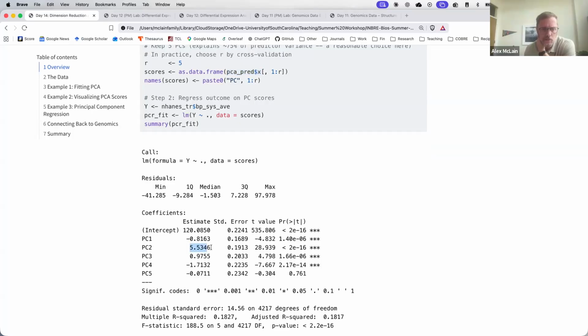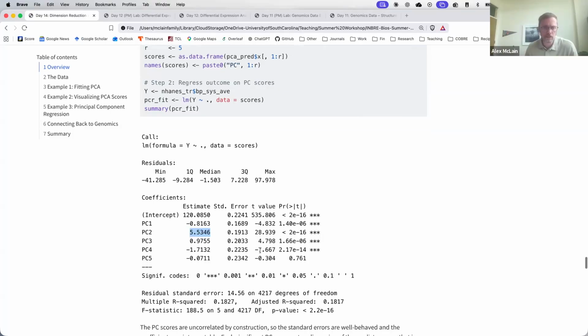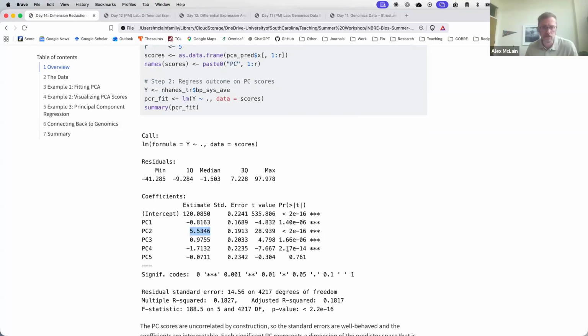The second one, which was the metabolic risk type 1, has a highly significant coefficient with systolic blood pressure, and a large coefficient estimate. And then PCs 3 and 4 are also highly significant, with a strong relationship with the outcome. So this is all looking pretty good.